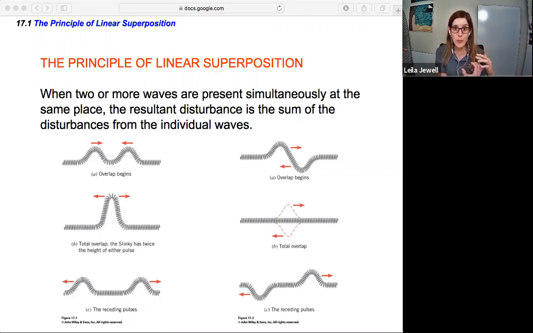And so out of nowhere, there's this giant wave for just a brief instant, and then it's gone because of the principle of linear superposition, that each of the individual effects can be added to create the overall one. And we're going to see how this can combine in something that we can actually hear, not just see on a slinky, but what will apply to sound. So stick around for the next section.